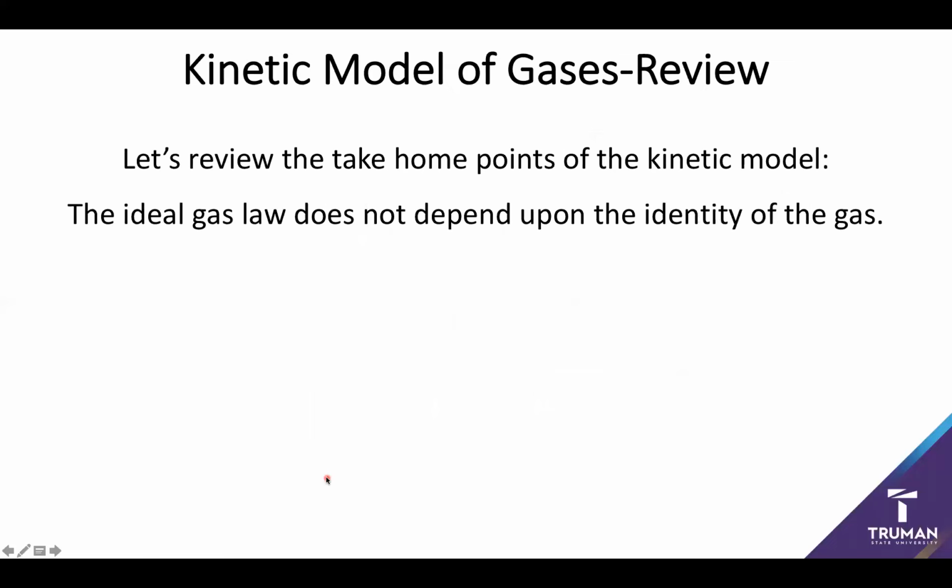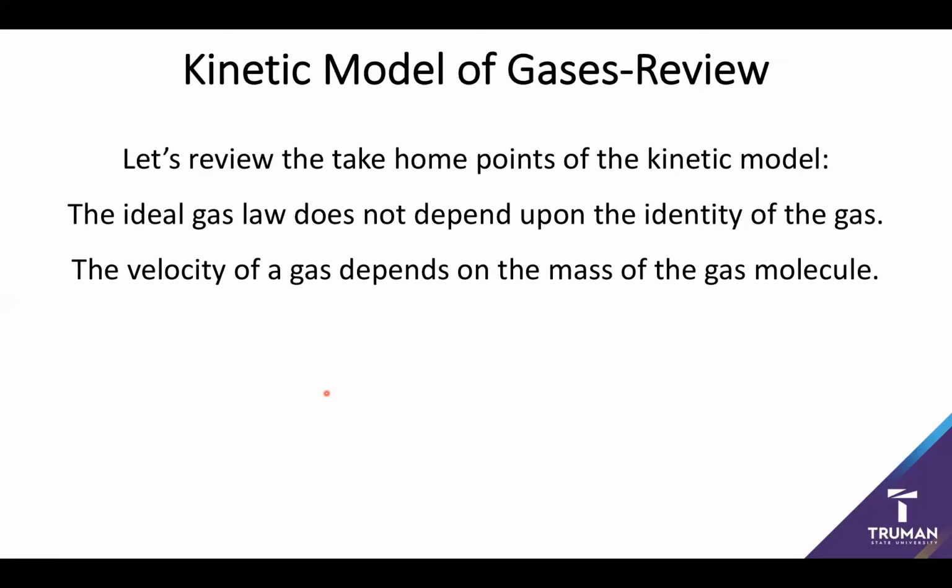So first of all, note that the ideal gas law doesn't depend upon the identity of the gas. No dependence on structure, molecular weight, just on temperature. But it turns out that the velocity of the gas does depend upon the mass of a gas molecule, because essentially the heavier the gas molecule, the slower it moves, but the heavier it hits.